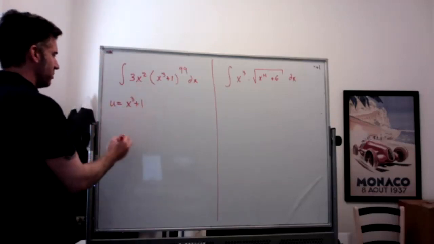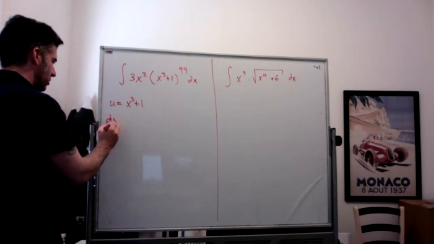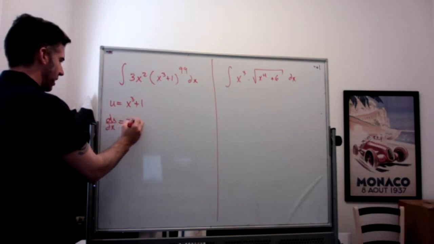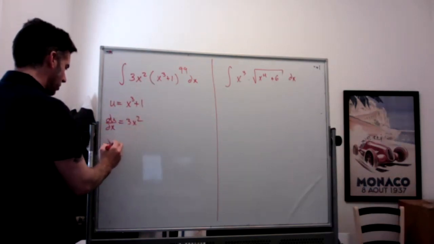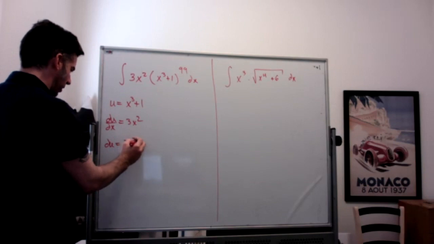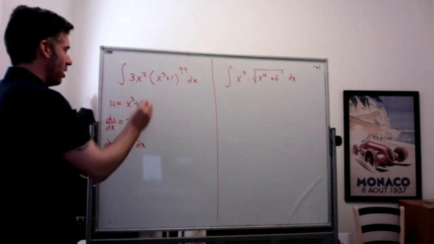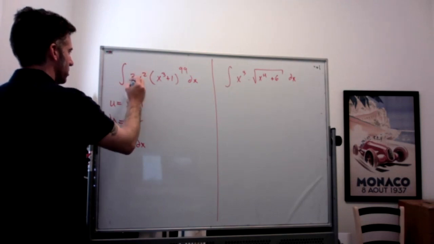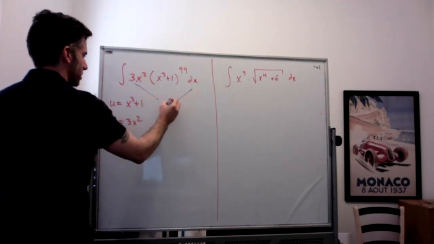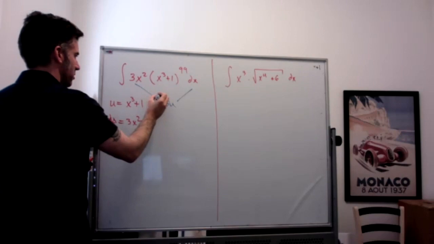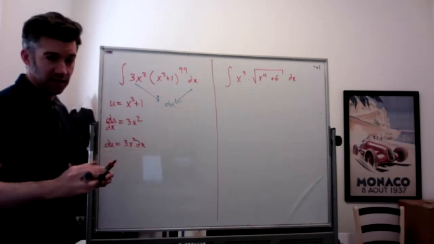So here u is x cubed plus 1, du dx is 3x squared. So du is equal to 3x squared times dx. So we've exactly got our du right there. And I will say this a lot.